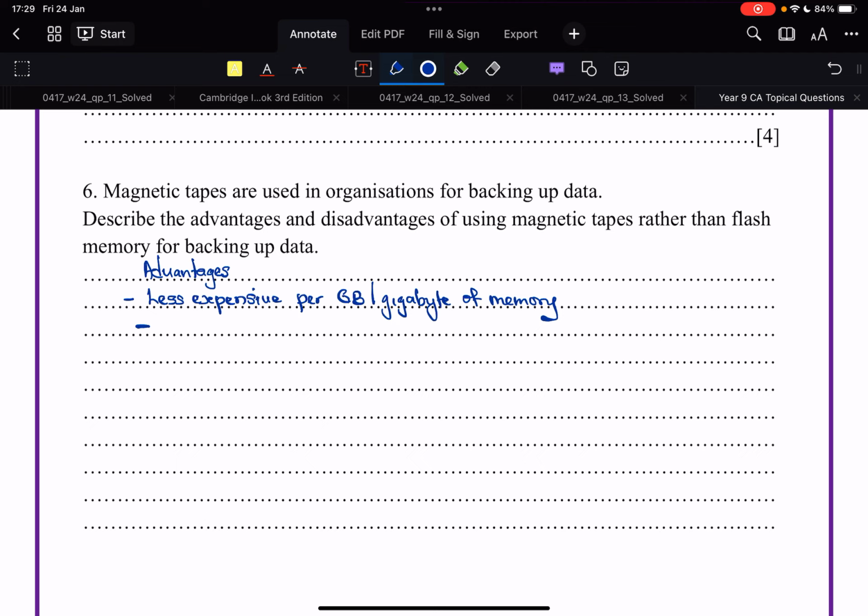GB means gigabyte of memory. The next one is not as easily lost, as it is larger in size.